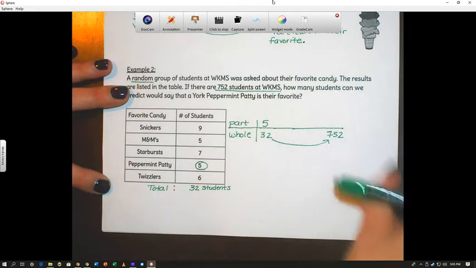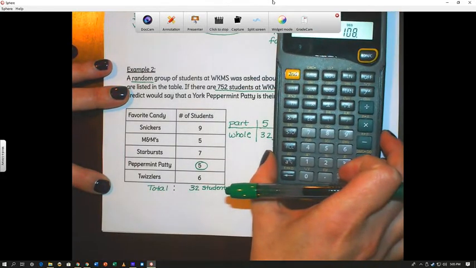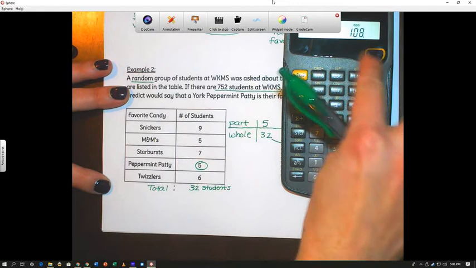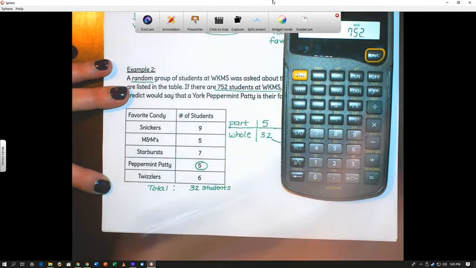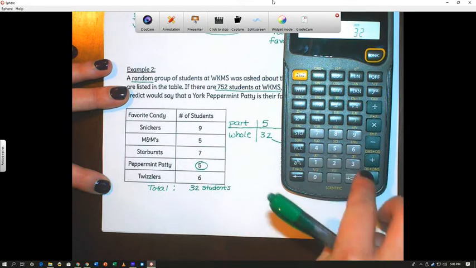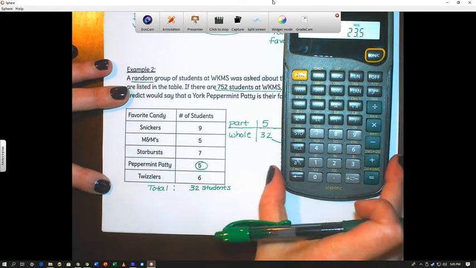And I can use my calculator. 752 divided by 32. And I get 23.5.